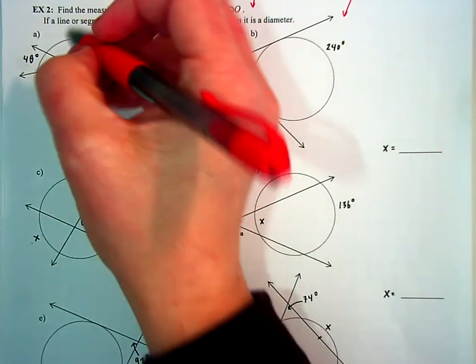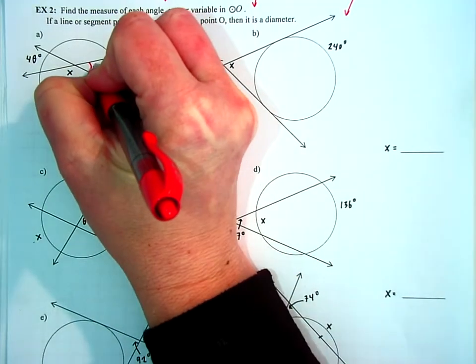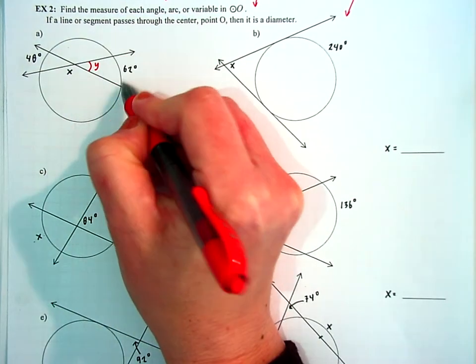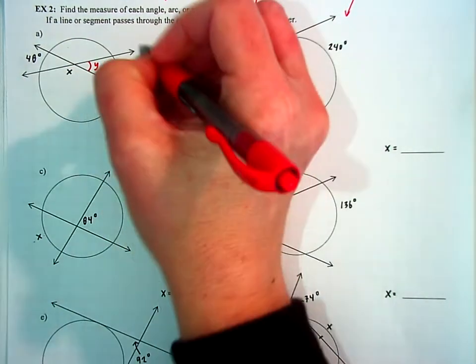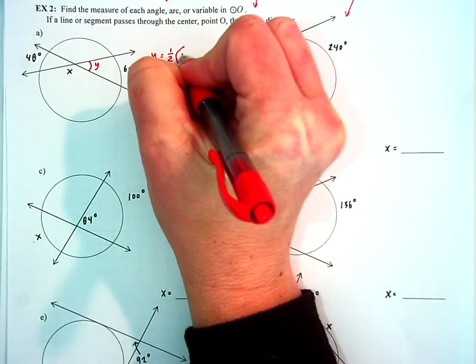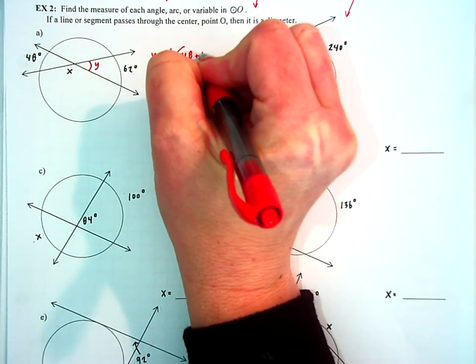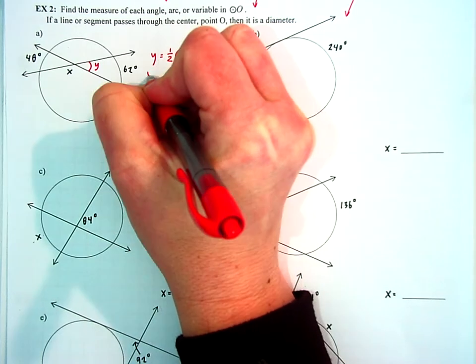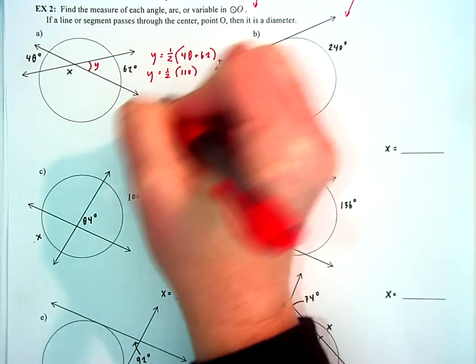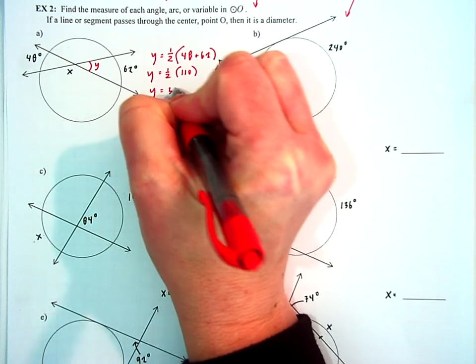I can solve for this measure right here. Let's say that I call it Y. And I can do that because I know what Y's intercepted arcs would be. So I know that Y would have to be 1/2 the sum of 48 and 62. So Y would be half of 110, which would get me 55 degrees.